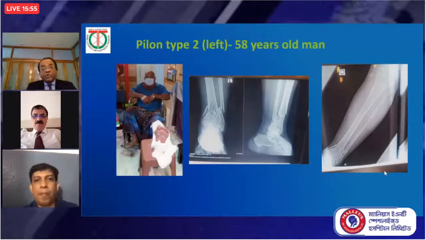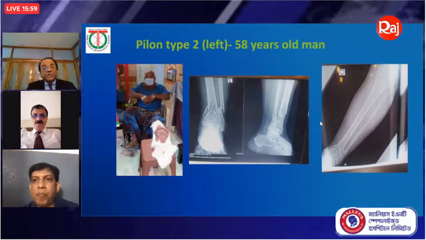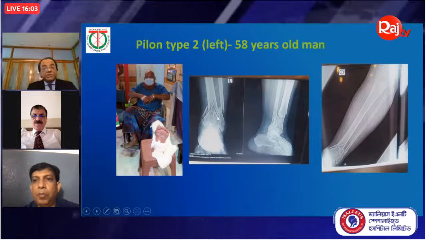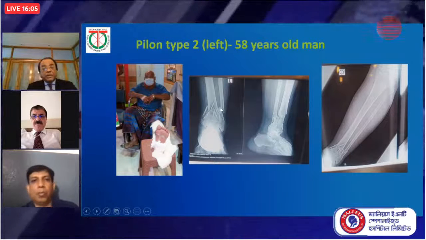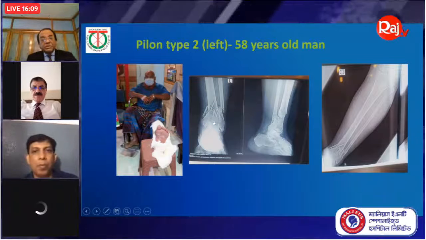Look at this. This is also related to the ankle. This is a case of, you see, an intraarticular bimalleolar fracture, and this is a shattered bone in the lower one third.